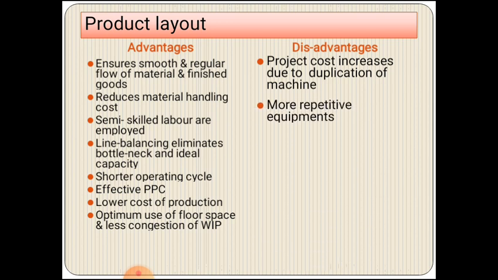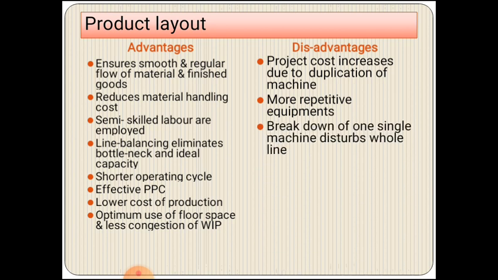Then disadvantages. It's a project cost, as I told, it's a higher cost due to the duplication of machineries. Then more repetitive equipment, because the process always goes in one direction, there is no repetition or retake of operation, so that's why higher repetitive machineries are required.